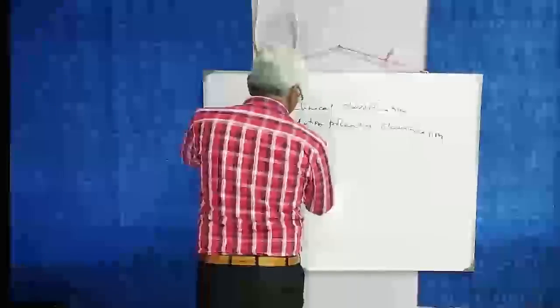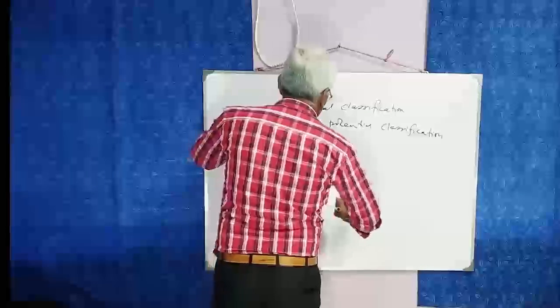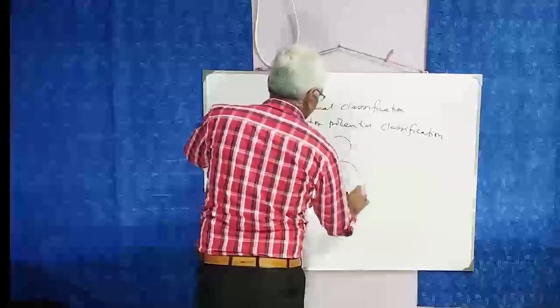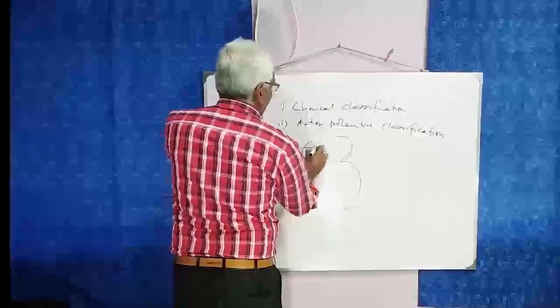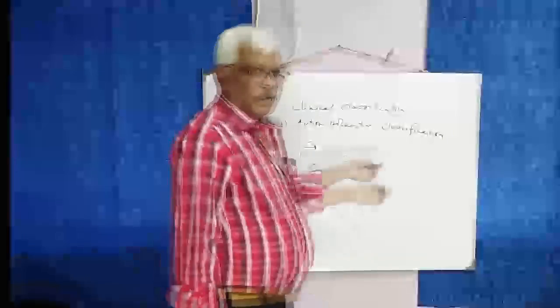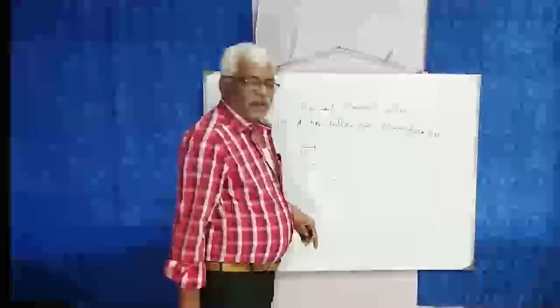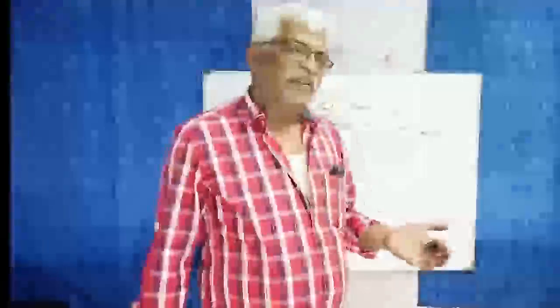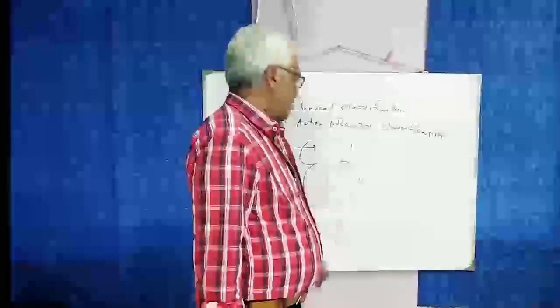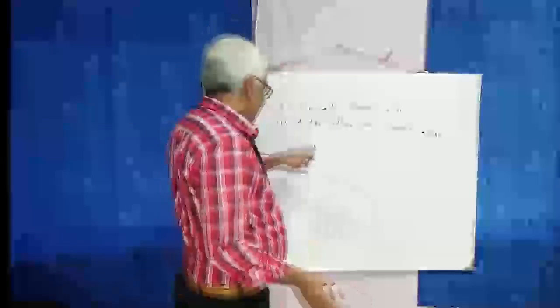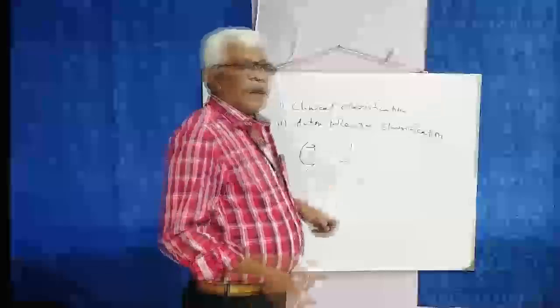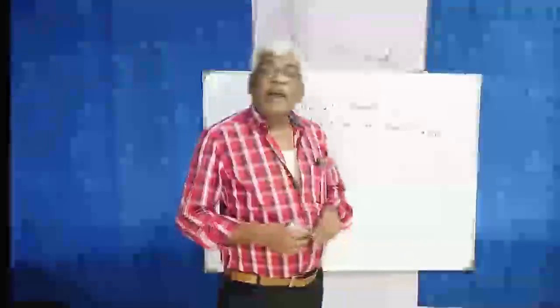Some are effective in supraventricular tachycardia, as for example digoxin, adenosine, or verapamil. There are certain drugs which are effective in the ventricle, as for example lignocaine and phenytoin, which are effective in ventricular tachycardia. And there are certain drugs which are effective in both atrium and ventricle, as for example beta blockers and amiodarone.